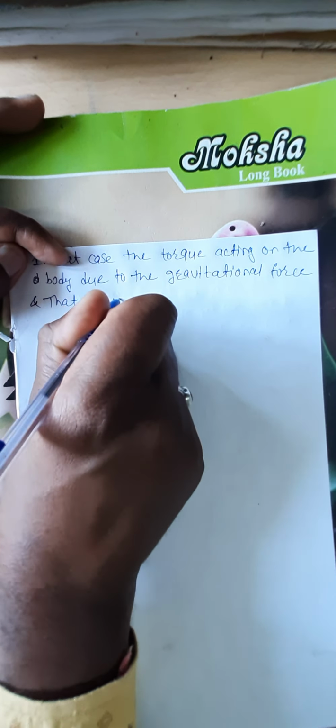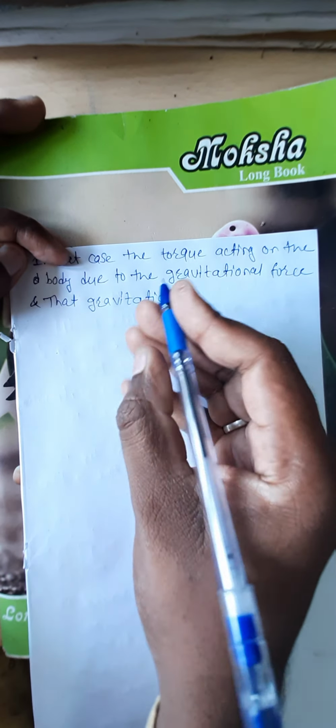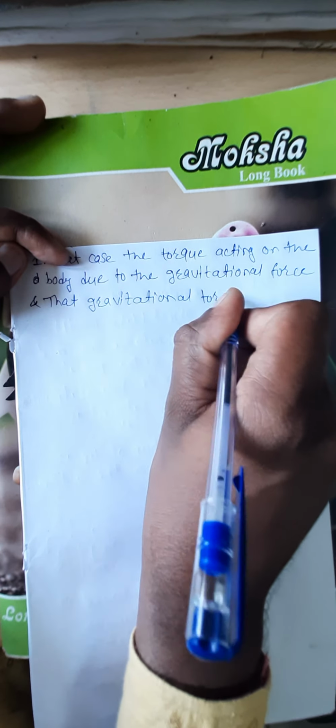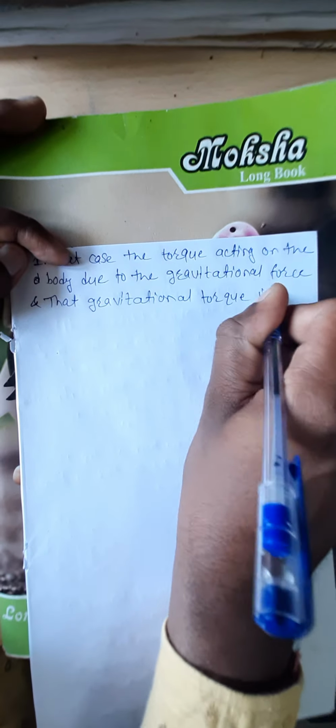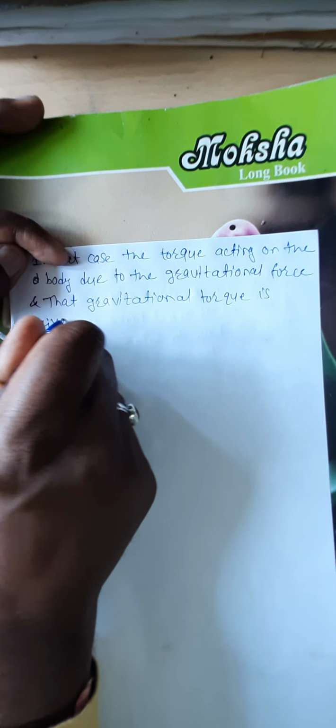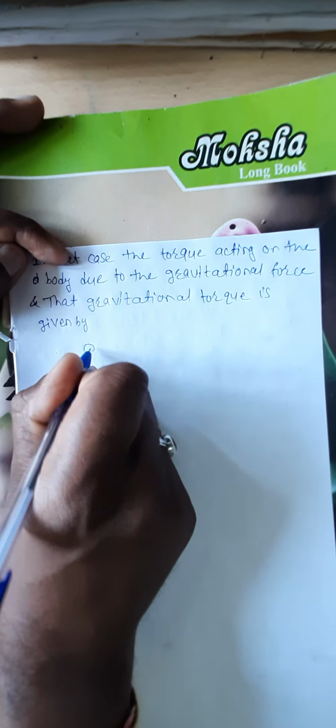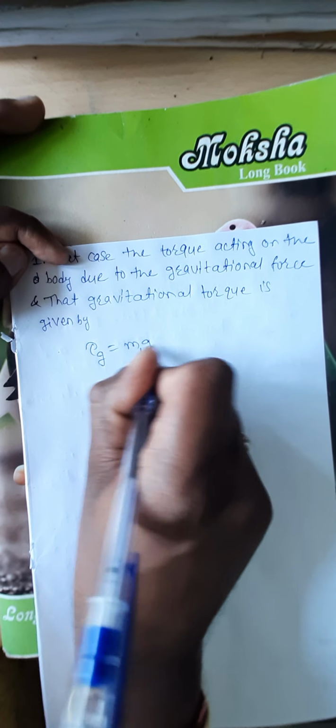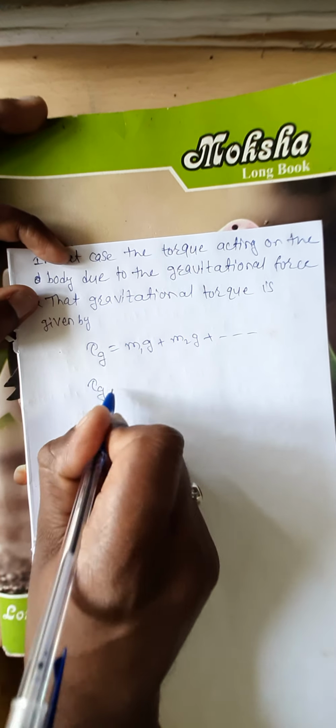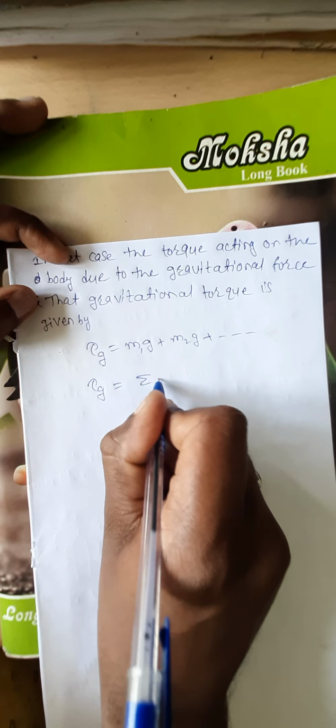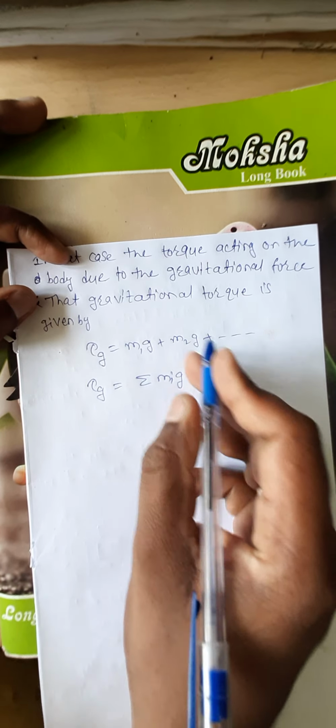That gravitational torque is given by m1g plus m2g plus m3g and so on. Therefore gravitational torque is equal to the summation of mi into g.